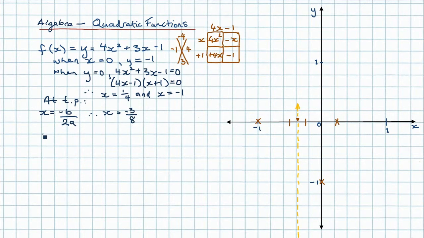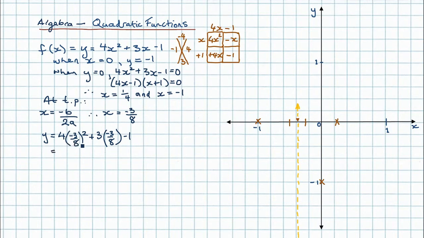So if x equals minus 3/8, then y must equal 4 times minus 3/8 squared plus 3 times my x value, minus 3/8, minus 1. And that looks a little complicated, but it shouldn't give us too much trouble. All we need to be fairly good at is basic arithmetic.